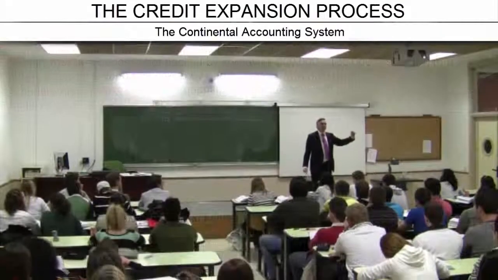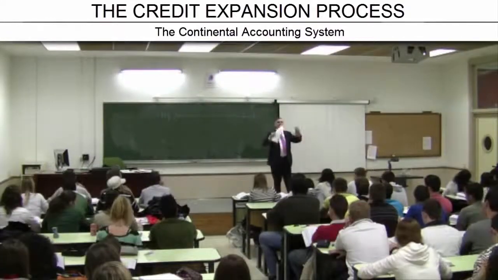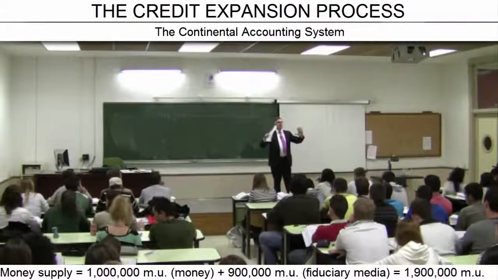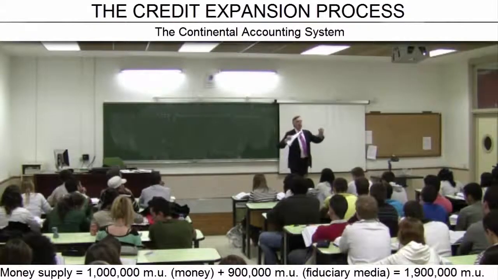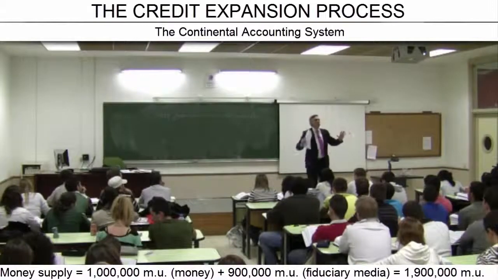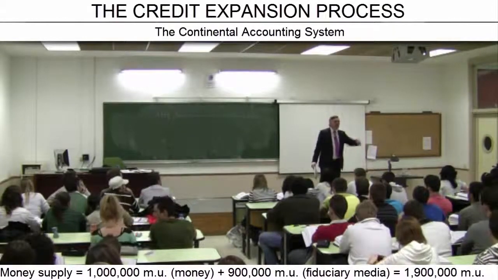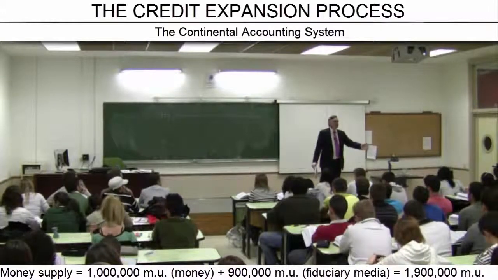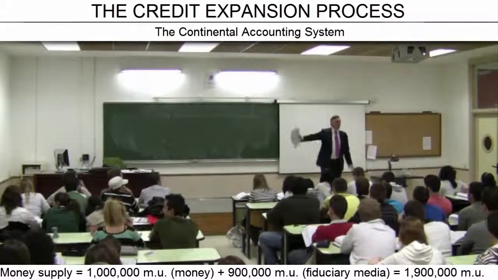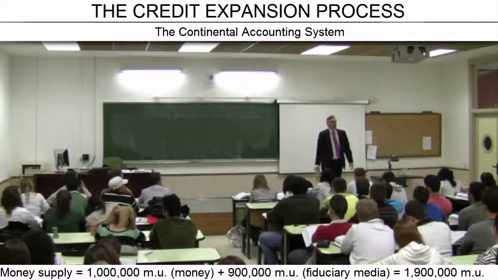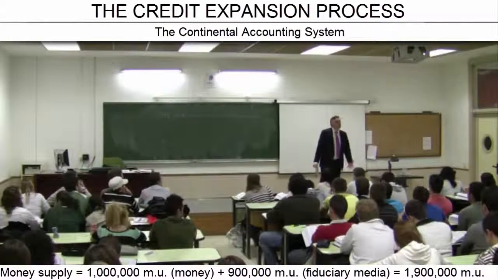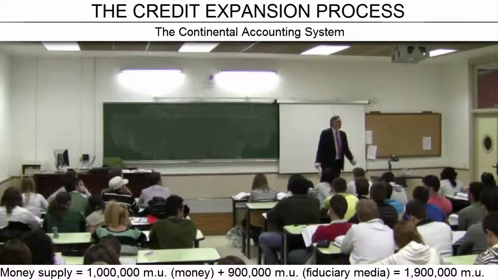To put it another way, if we considered just this operation, we would say society's money supply consists of 1,900,000 monetary units, and it takes the form of 1 million in cash, of which 100,000 are in the bank's vault and 900,000 are in the possession of the borrower, and another 900,000, which are a mere accounting entry on the bank's books.